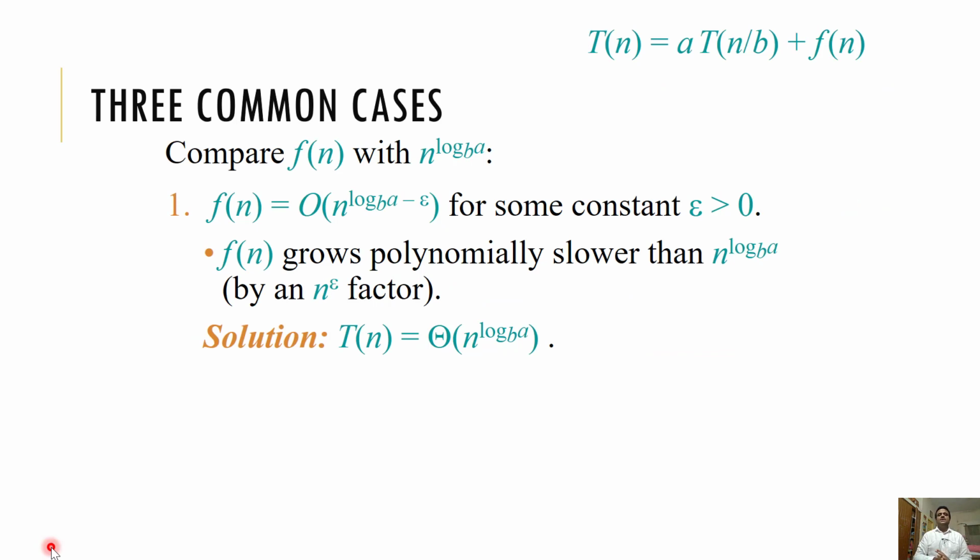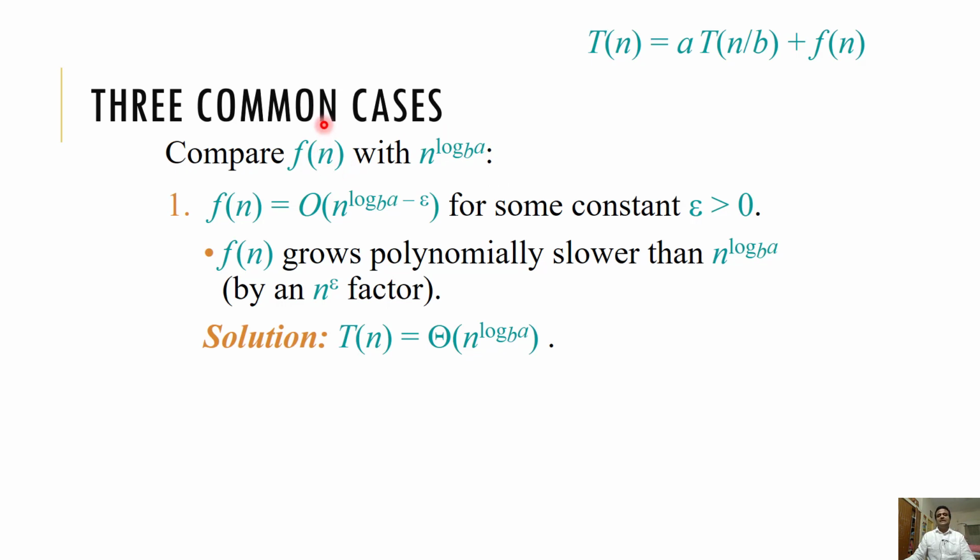Okay. So, there are three cases of the master method. These are the three common cases of the master method. The cases come from comparing two terms. This is f of n and this is n to the power log a base b. So, when you compare these two terms, there are three possibilities.